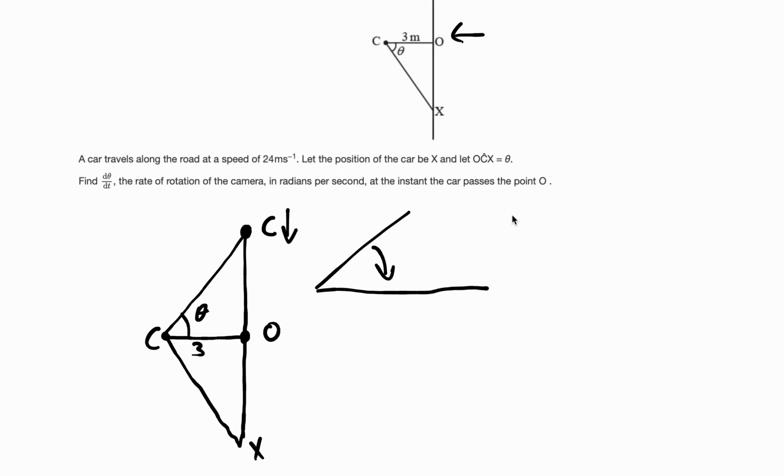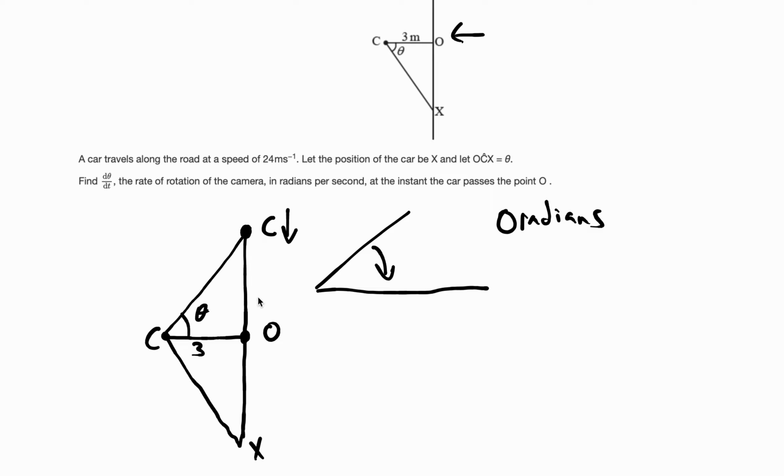The angle at which it's viewing the car is 0 radians. And why is it 0 radians? Because the camera's line of vision is completely flat. So at this instant, the angle from the camera to the car at point O is actually 0. Now why is this helpful? I will show you.